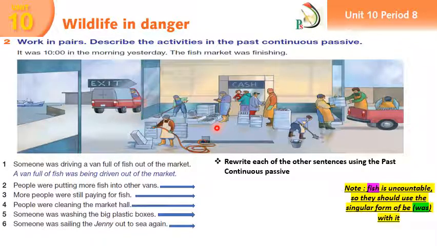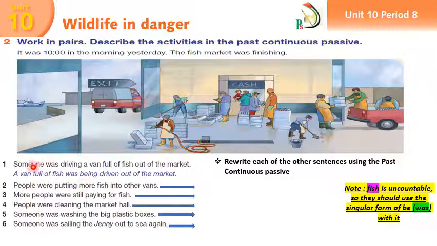Now, exercise 2, work in pairs. Describe the activities in the past continuous passive. It was 10 o'clock in the morning yesterday. The fish market was finishing. The fish market, the subject, was finishing.